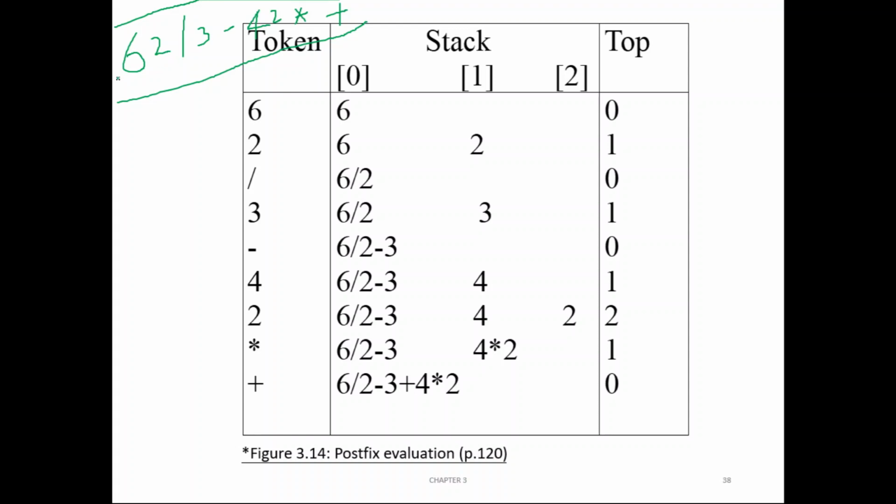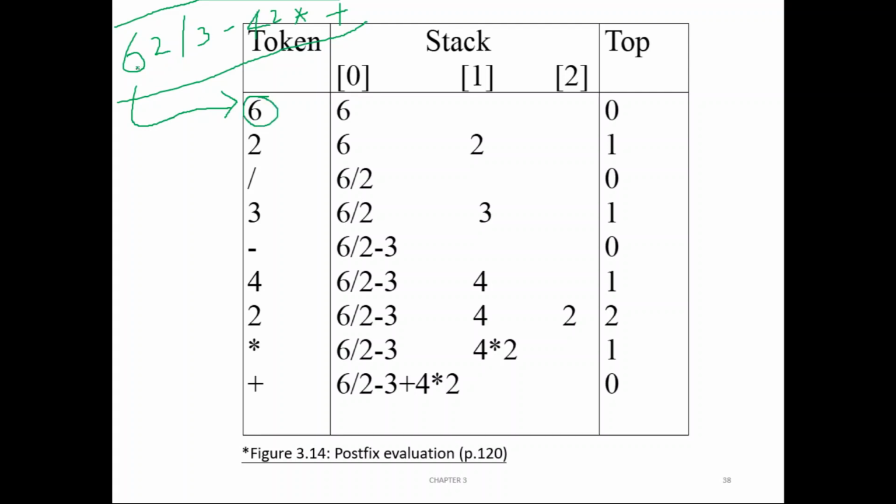Let us read this string character by character. Each character is called a token. First read the first token. What is the first token? 6. Check whether it is an operand or an operator.